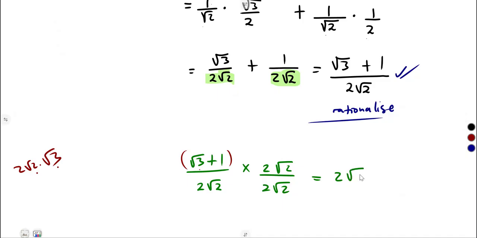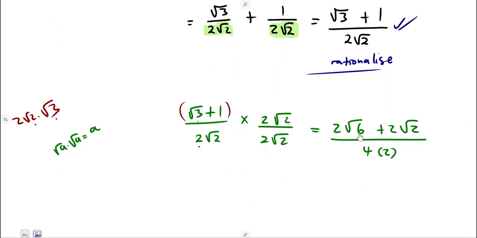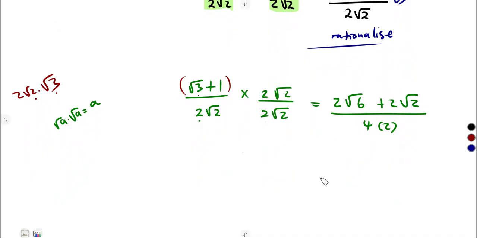So that's 2 square root of 6. 2 square root of 2 is going to multiply 1. So that's 2 square root of 2. Everything over what? If you multiply 2 times 2, that's a 4. And here, square root of 2 times the square root of 2, that's a 2. Remember from our laws of surds, square root of a times square root of a is what? Is a. So square root of 2 times square root of 2 is going to give us a 2. So that is what you are going to have in our case.